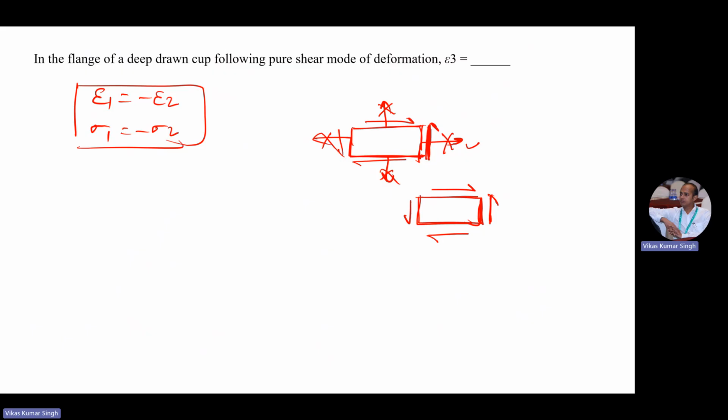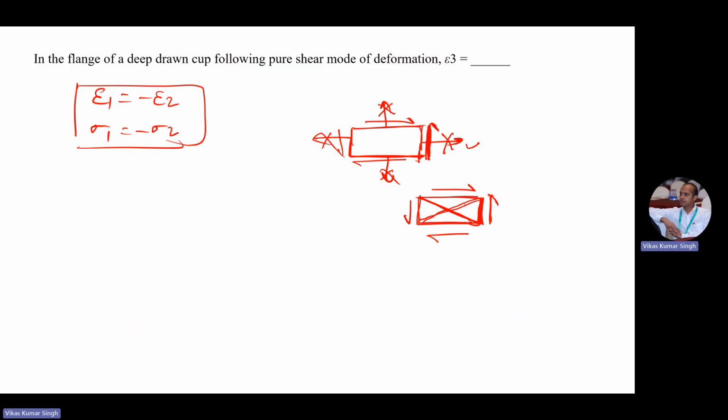Now, if you derive the formula for this, even here, if you change the plane, suppose I am talking about this plane, there is no normal stress on this plane. But if you go to another plane, you will have normal stress, which may be tension or compression.